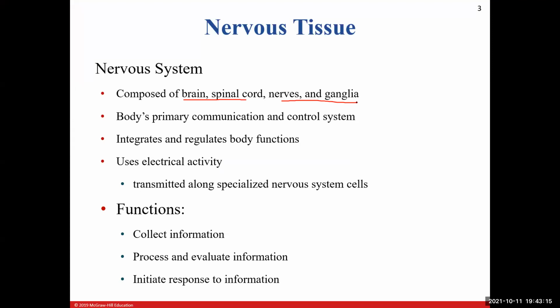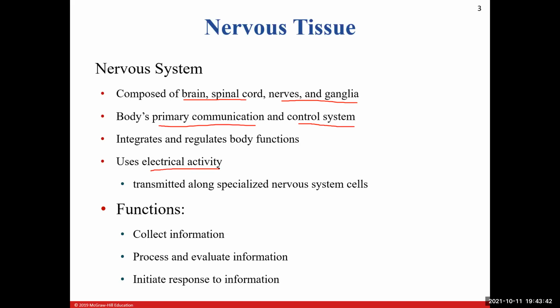Our nervous system is one of two communication and control systems of the body. It plays a primary role for control. The endocrine system is involved in that also, but the nervous system does all of its functions through electrical activity.